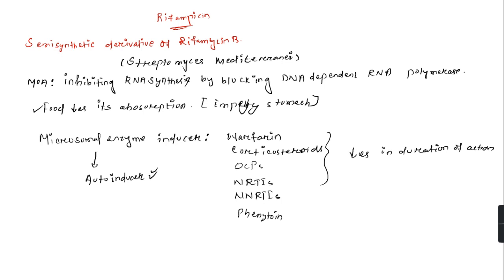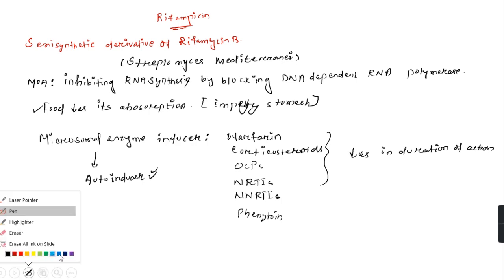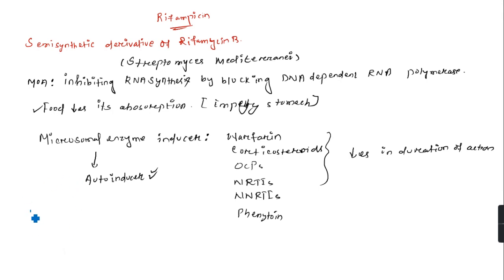If we talk about its adverse effects, they are hepatitis, jaundice, flushing, and orange-red colored urine.